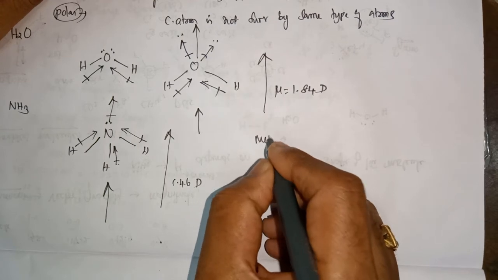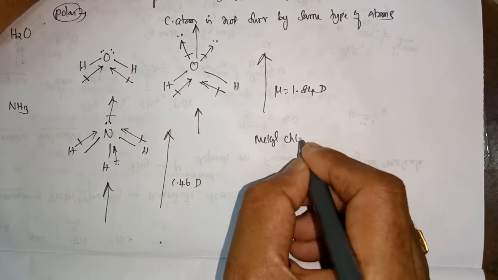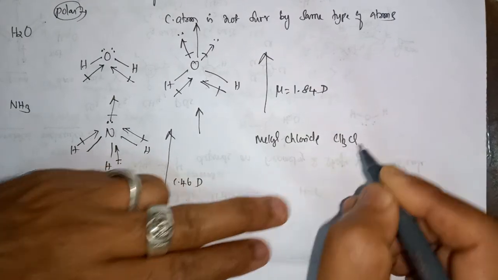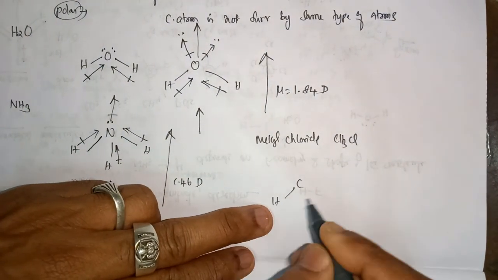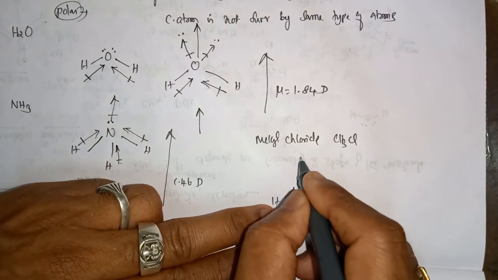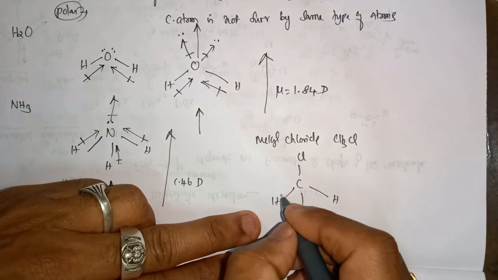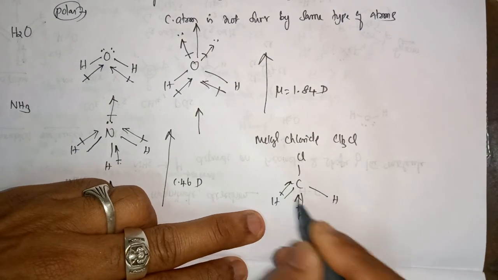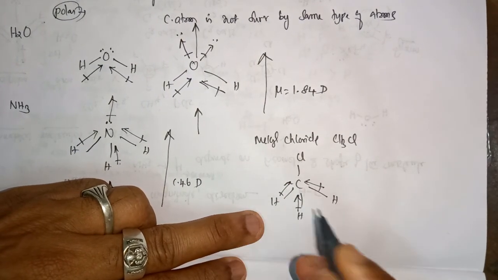Now I take methyl chloride. It is methyl chloride. It is H. It pulls. Carbon is more electronegative than hydrogen.